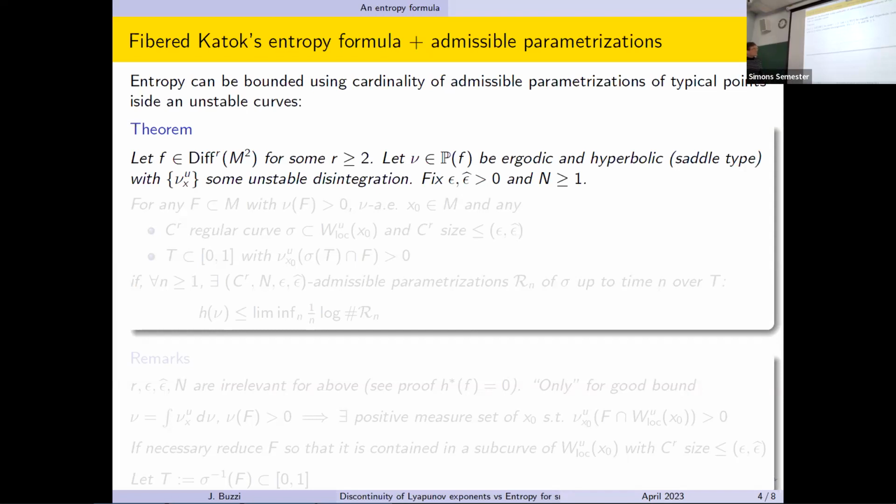I didn't want to talk precisely about it, and I still don't want to. You fix some numbers, and then what we say is that if you have some subset F of positive measure, and you take x0, I think of it as a base point.